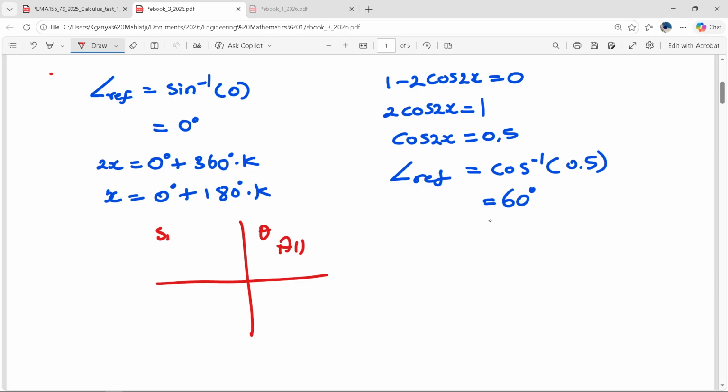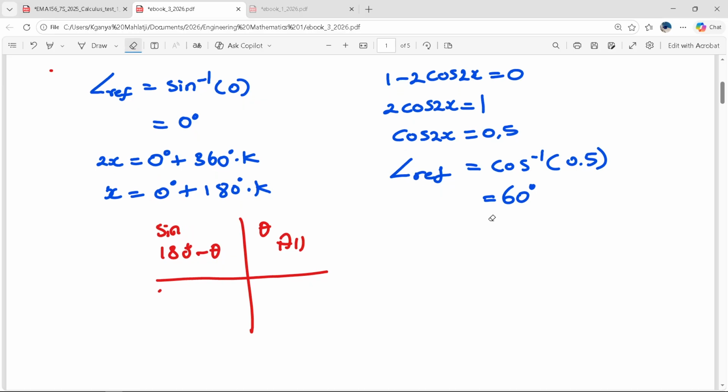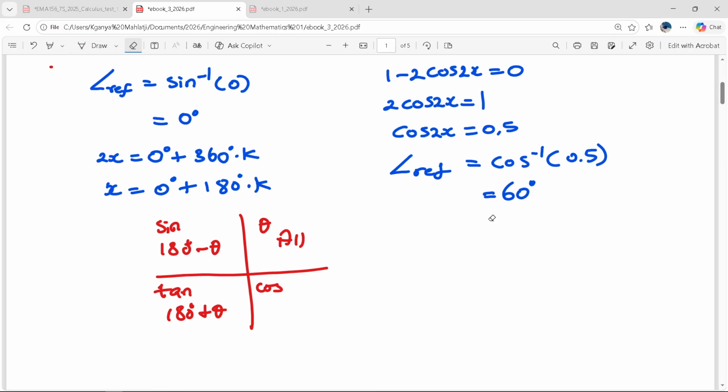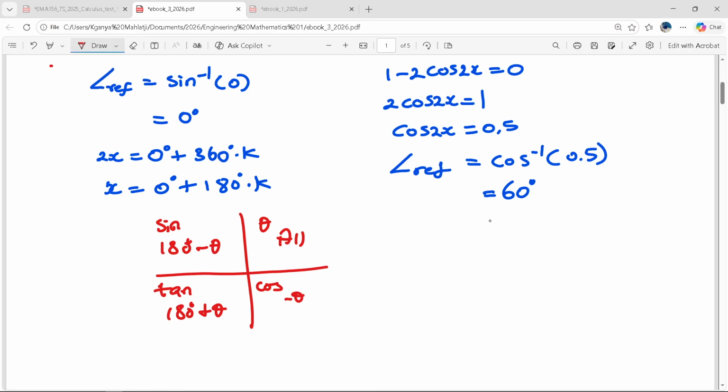In the second quadrant, sine is positive, and we have 180 degrees minus theta. In the third quadrant, tan is positive, and it is 180 degrees plus theta. In the fourth quadrant, only cos is positive, and it is 360 degrees minus theta. So: all, sine, tan, cos.